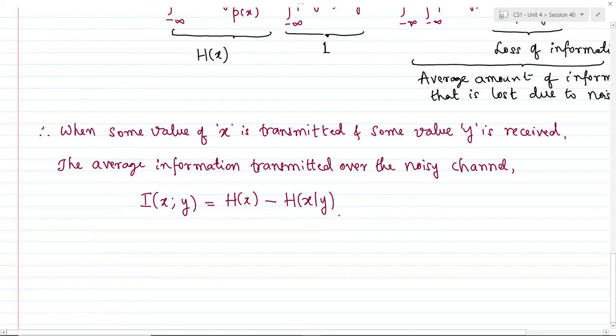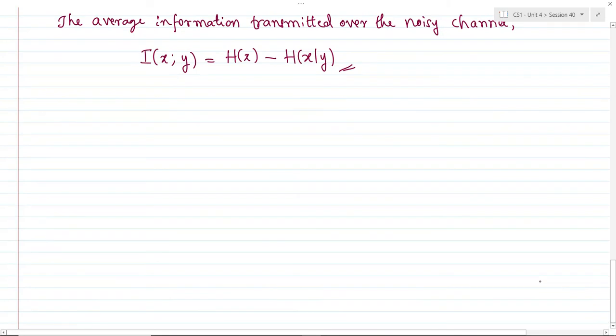All right, so this is actually a similar definition that we have done for discrete memoryless channel. Okay, so now we can define the channel capacity.